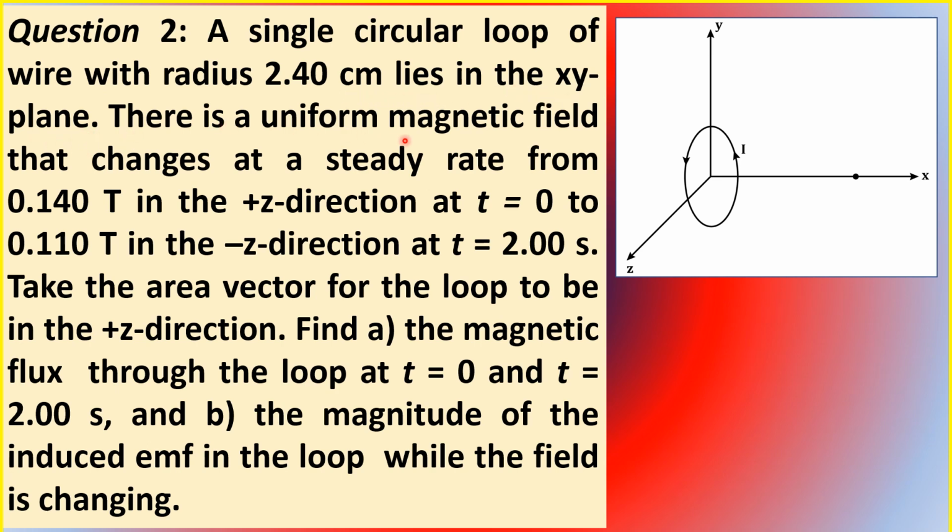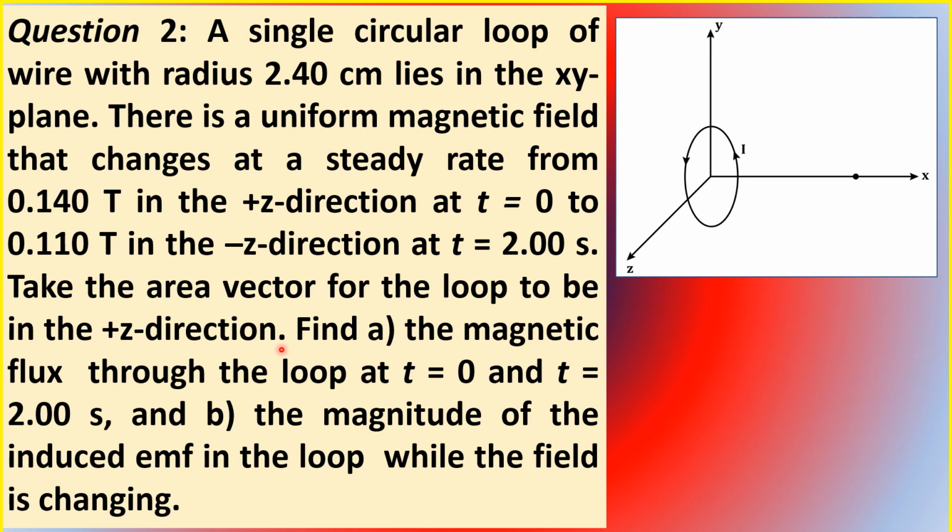There is a uniform magnetic field that changes at a steady rate from 0.140 Tesla in the positive z direction at time equals 0 to 0.110 Tesla in the negative z direction at time equals 2.00 seconds. Take the area vector for the loop to be in the positive z direction.